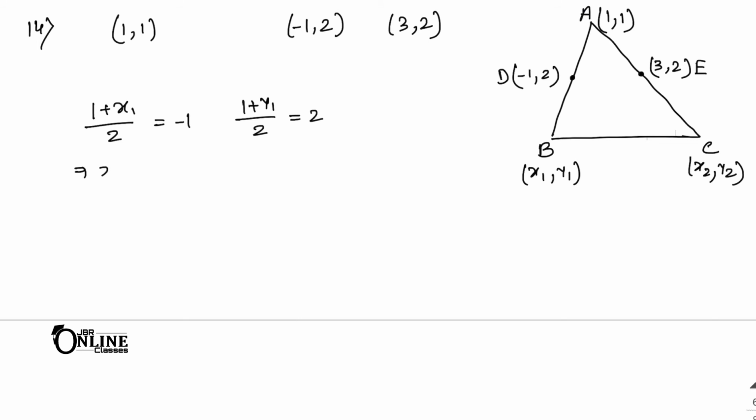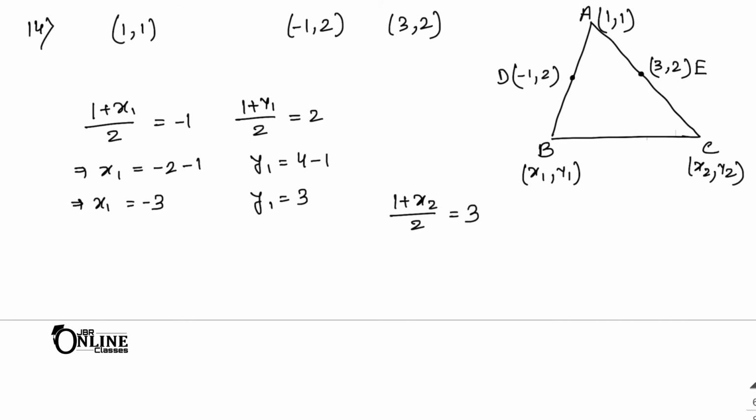So from that one, x1 equal to -2 and then minus 1, that means x1 equal to -3. Here y1 equal to 2 into 2, 4 minus 1, so y1 equal to 3 only. Now next here (1 plus x2) by 2 equal to 3. So from that one x2 equal to 3 into 2, 6 minus 1, it's 5, and then (1 plus y2) by 2 equal to here 2. So again y2 equal to 4 minus 1, it's 3.